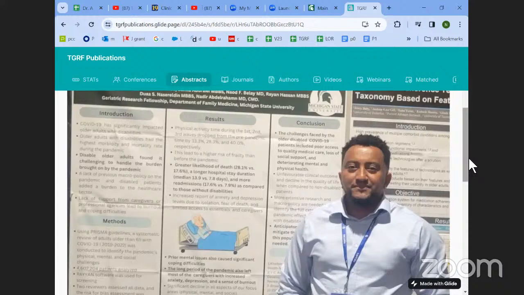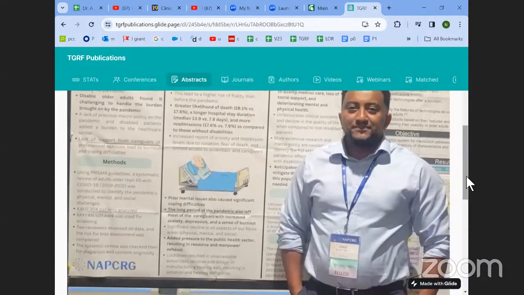In the methods section, we included what methods we used for excluding and including different literature done prior to 2022. And in the discussion, we focused primarily on the older patients who were affected by COVID, and how COVID affected them mentally, physically, and socially.